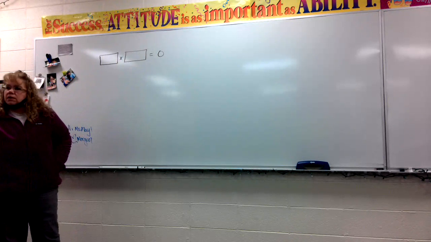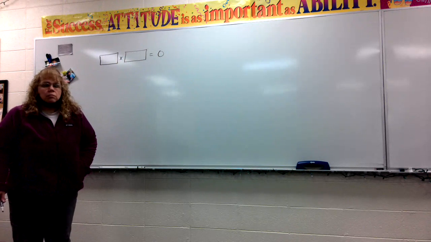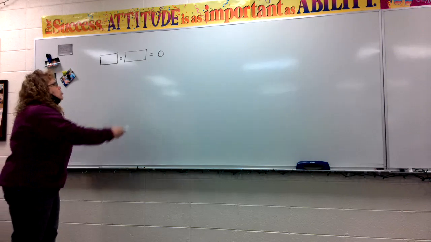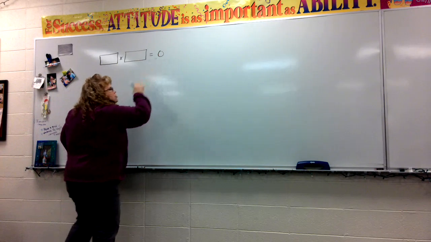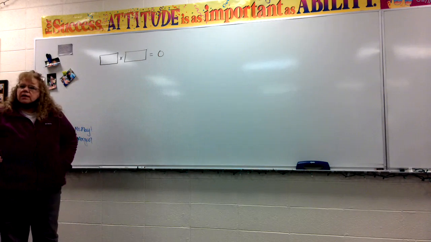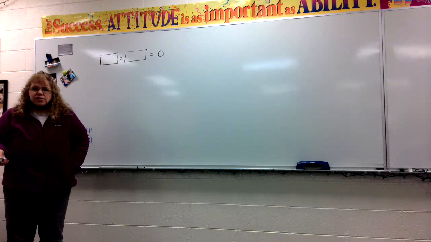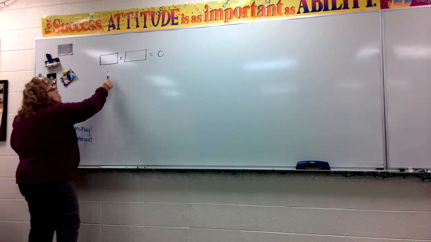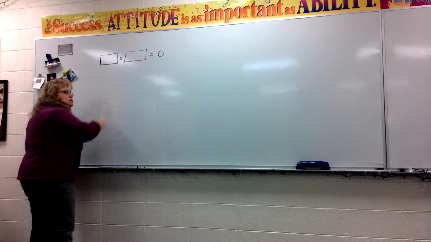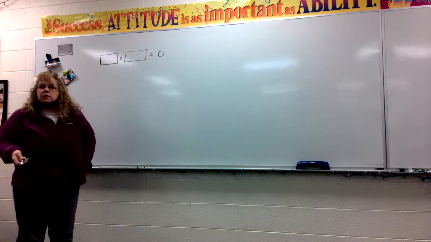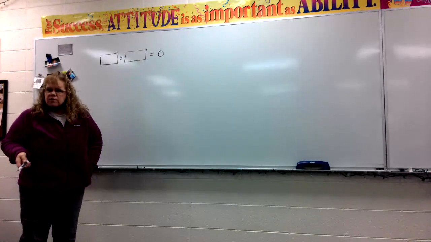Something has to be multiplied by 0, right? The only way to get an answer of 0 is if you multiply something by 0. That means one of these two things, or maybe both, but at least one of those has to be 0.